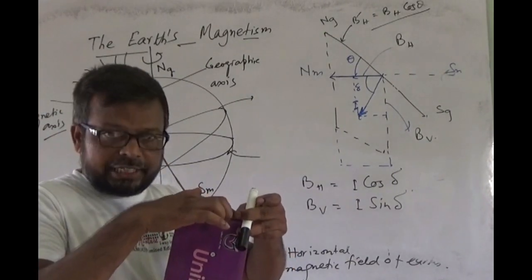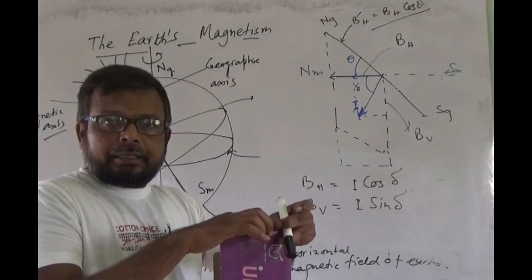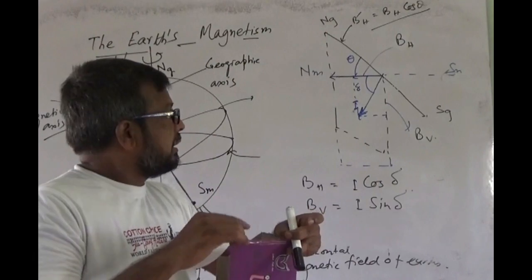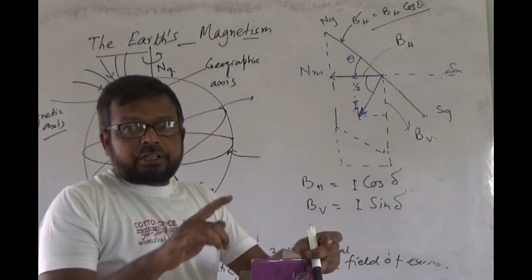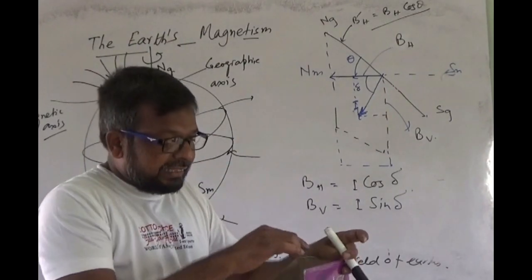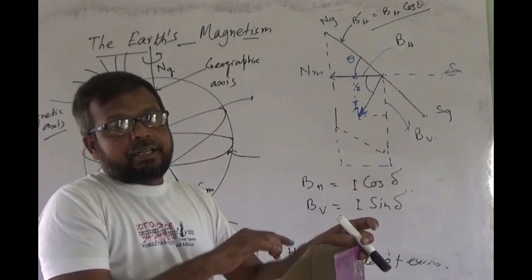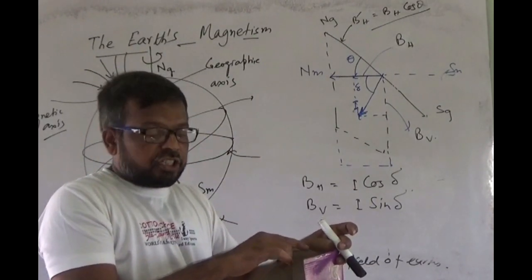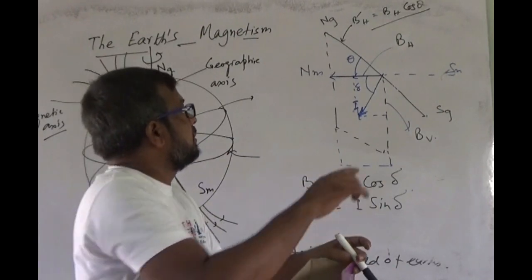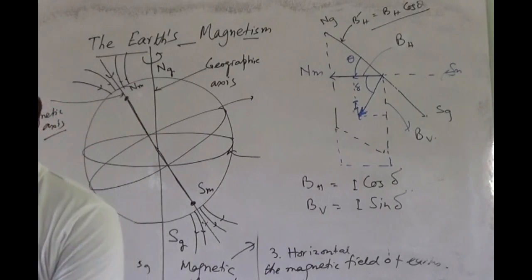But horizontal component of Earth's magnetic field in the magnetic meridian is denoted by BH, and horizontal component of Earth's magnetic field in the geographic meridian is along this direction, which is equal to the cos theta component of this. Do you get it? Yes, sir.